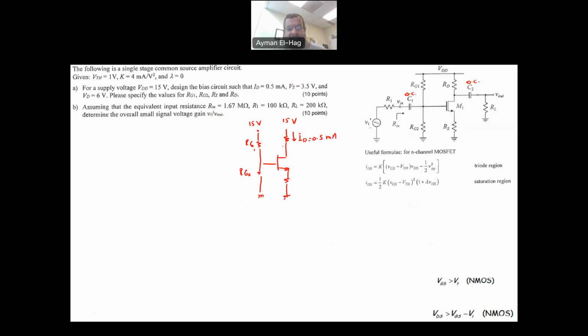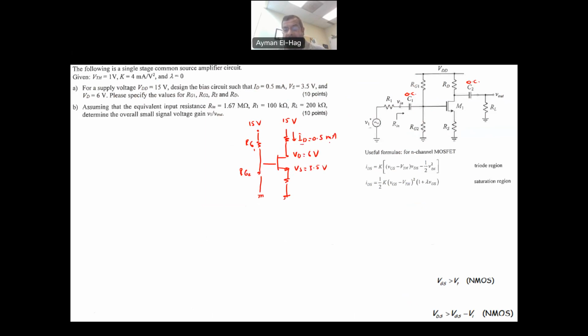And VS, the voltage between the source and the ground, is equal to 3.5 volts. VD, the voltage between the drain and the ground, is equal to 6 volts.